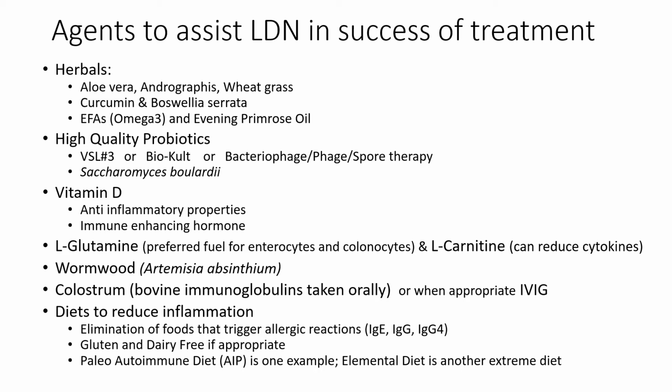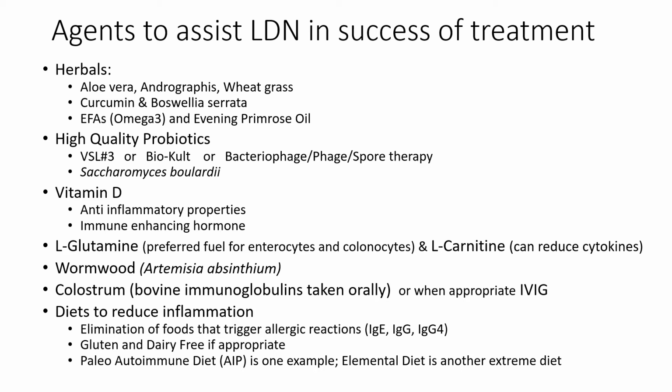And finally, but probably most important, is an anti-inflammatory diet. So you have ways of testing for this, or you can do the elimination diet, where you eliminate foods that may be triggers, and/or you can check IgE, IgG, IgG4, and some types of complement against foods that may be inflammatory.